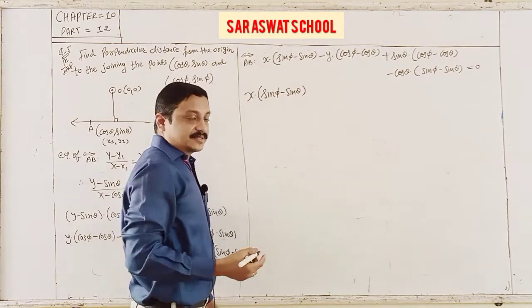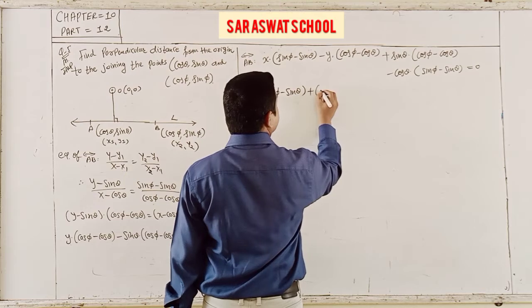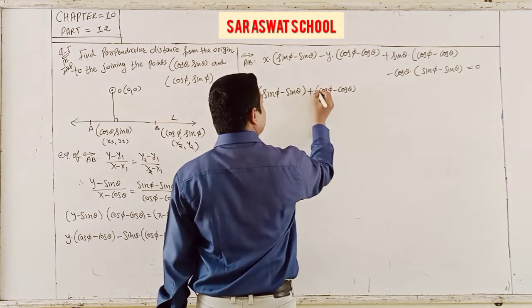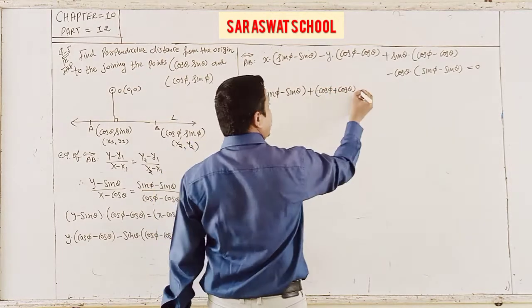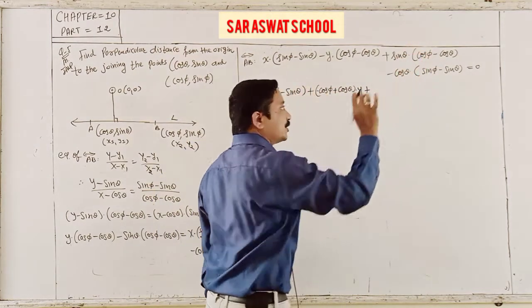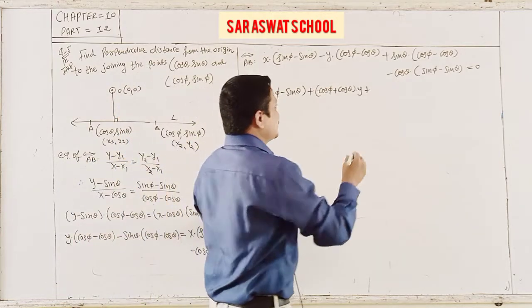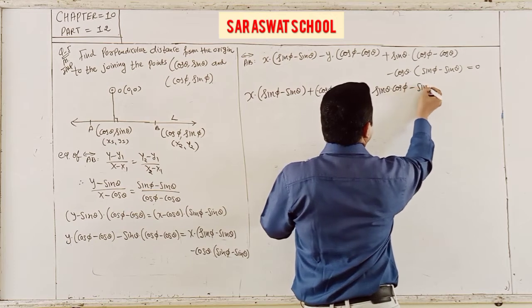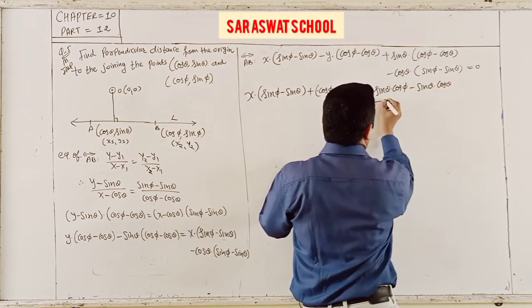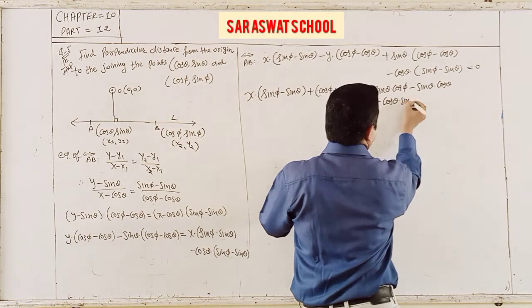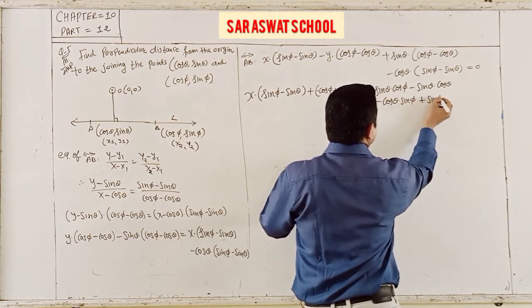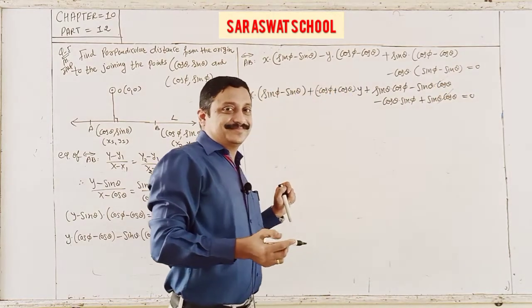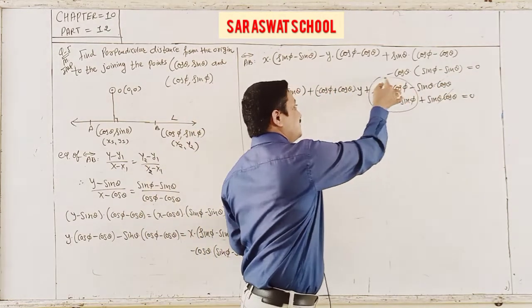This is the ax plus by plus c form. I write down the minus inside, then this minus and this plus y, and that's your expansion. So sin theta cos phi minus sin theta cos theta minus cos theta sin phi plus sin theta cos theta, and students, these cancel, and that is your formula.